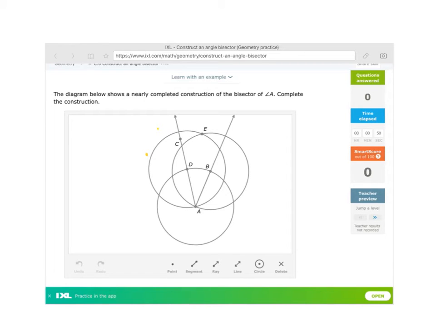Now this circle intersects at D, so that's where we are right now. Then we took B as our center and drew a circle with center A. So we got a new circle like this. And we did the same thing with D. We took D as our center, let's put a red, and we drew a circle with center A. So something like this. That's where we get these three circles.